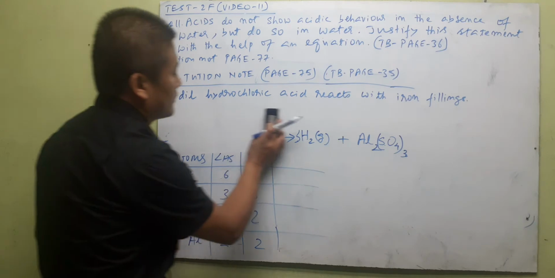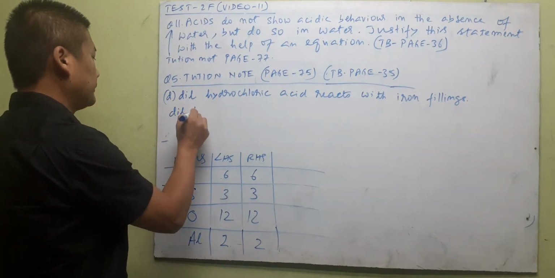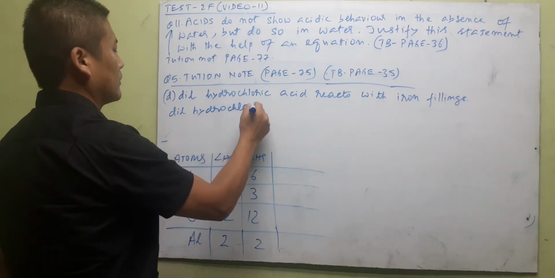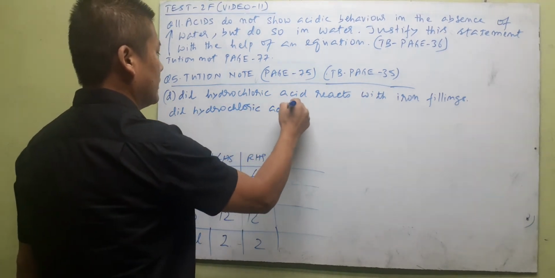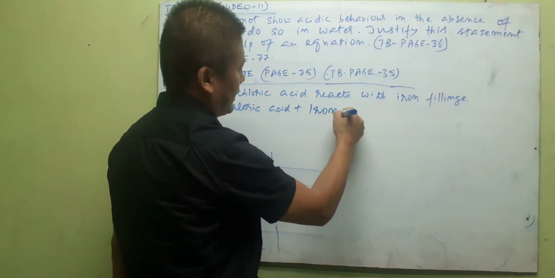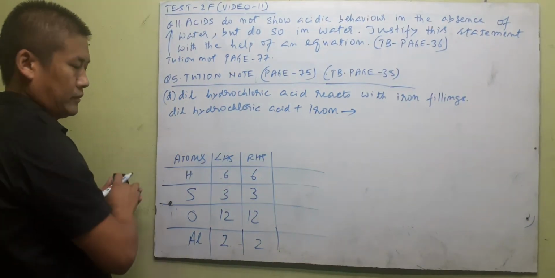Okay, let's write the word equation. Dilute hydrochloric acid, here reacts means plus, with iron filing, we can just write iron. What will be formed? Let us see by writing the partial skeletal equation.